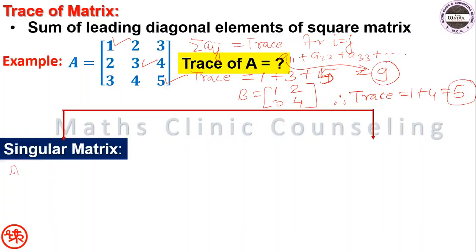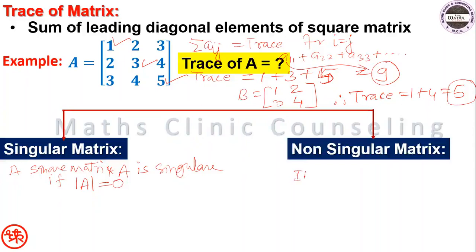A square matrix A is singular if its determinant is equal to 0. Okay, and non-singular, if determinant of A is not equal to 0. That is a non-singular matrix.